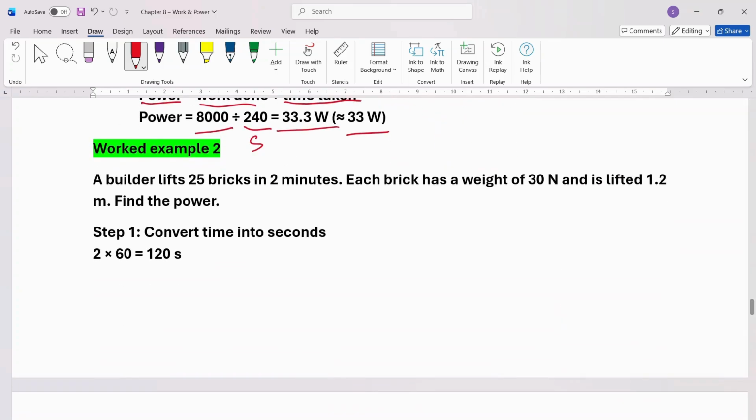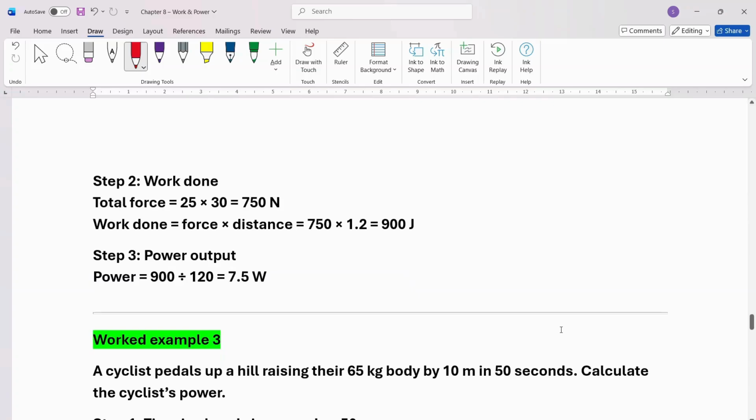Example number 2: a builder lifts 25 bricks in 2 minutes. Each brick has a weight of 30 newtons and is lifted 1.2 meters. Find the power. Step number 1, convert minutes into seconds. Step number 2, calculate the work done. 25 times 30, which is the force. Now the work done is 750 times the distance, which is 1.2.